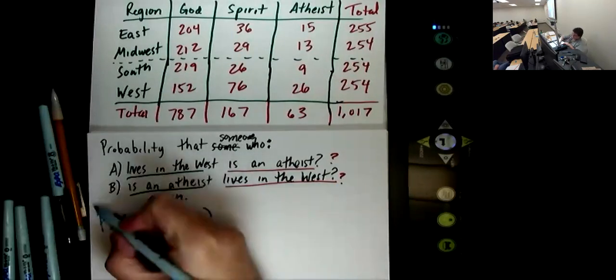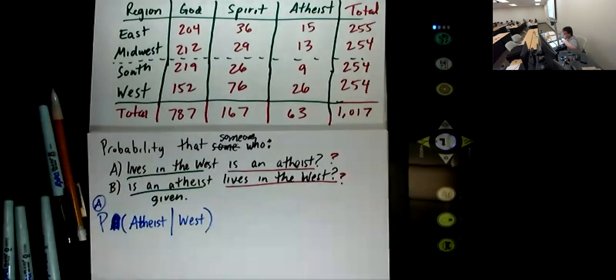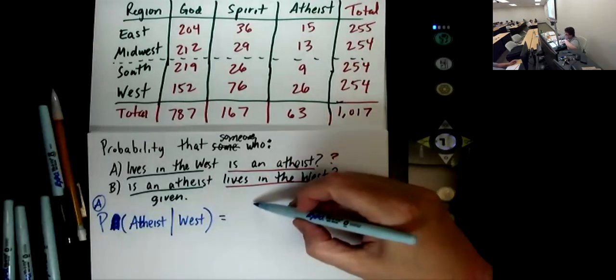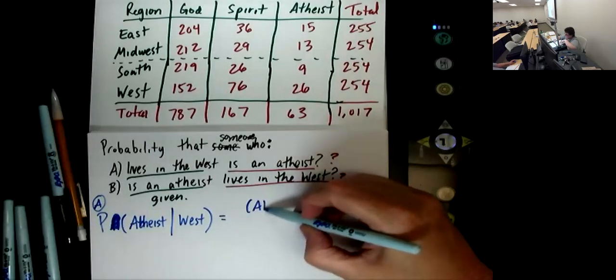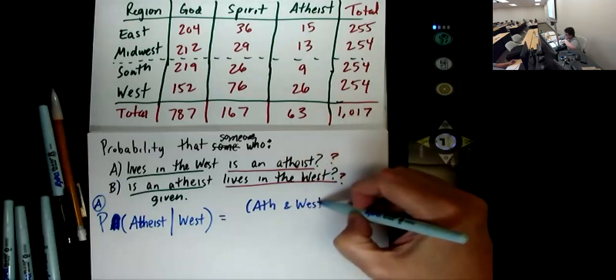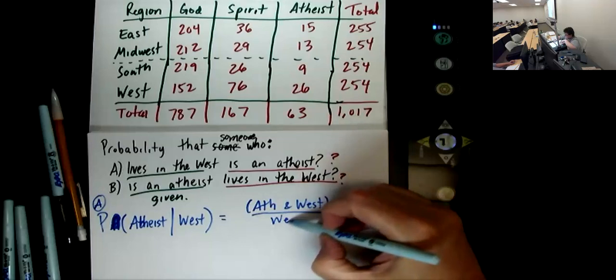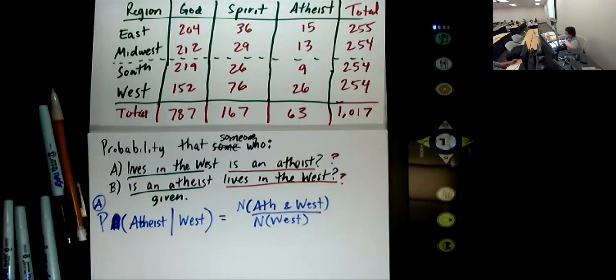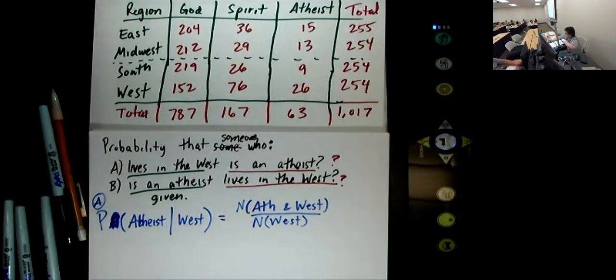So this will be A. Both setups will have atheist and West over just West. And we can either do N or we can do P, but we already have N. N is going to be quicker.